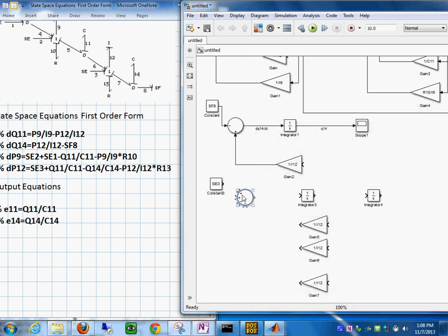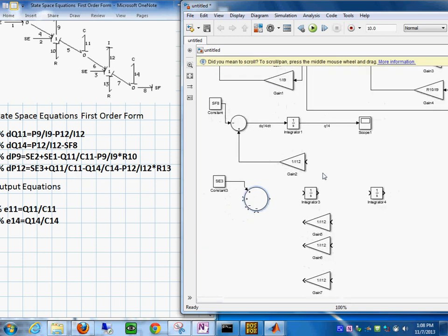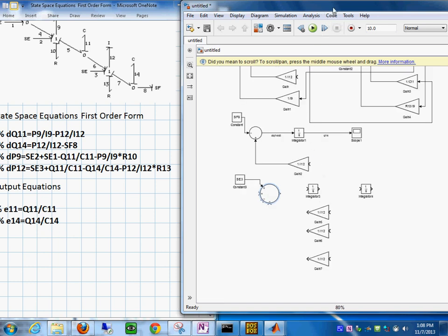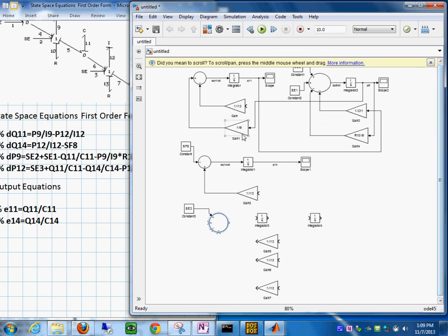And then make it a little bigger here. Of course, the SE3 would be one of the pluses in here. And then this comes from Q11, see? This comes from Q11. Let's see how we go about doing that.